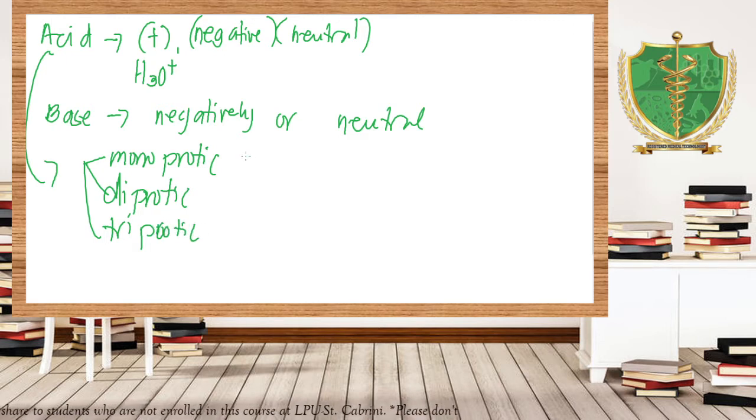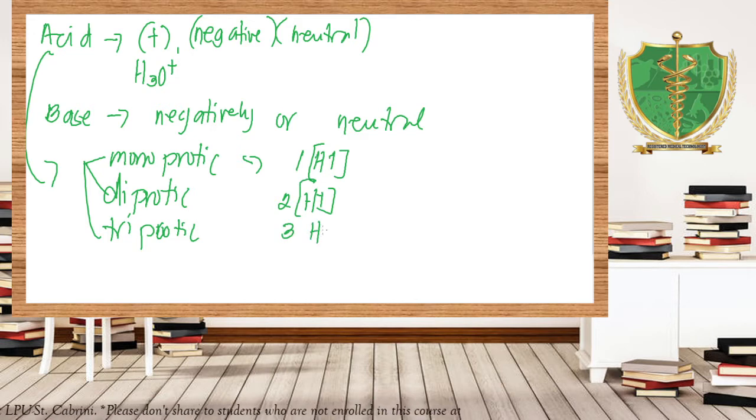Kapag monoprotic, it can only lose one hydrogen. Kapag diprotic, of course, 2 hydrogen. And 3 hydrogen. Okay? Example of monoprotic is our hydrochloric acid.